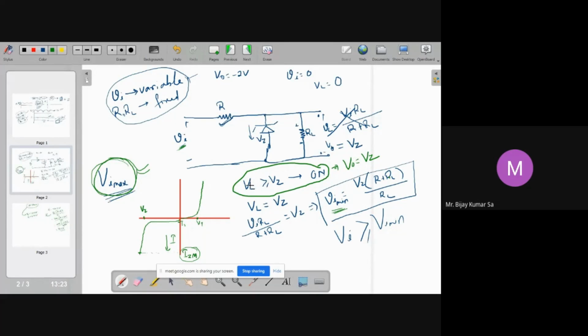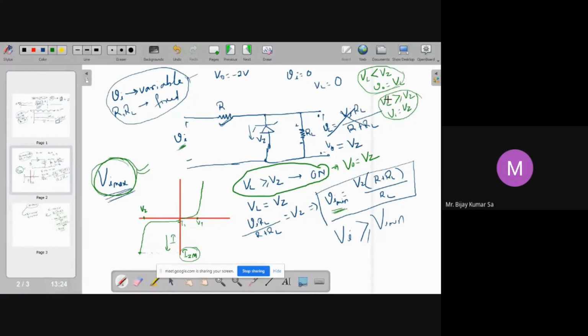When this is not true, when VL is less than VZ, at that time V output is equals to VL. You can recall or not? When VL is less than VZ, V output is equals to VL. When VL is greater than or equals to VZ, V output is equals to VZ. Here the zener diode is turned on. Here the zener diode is off.